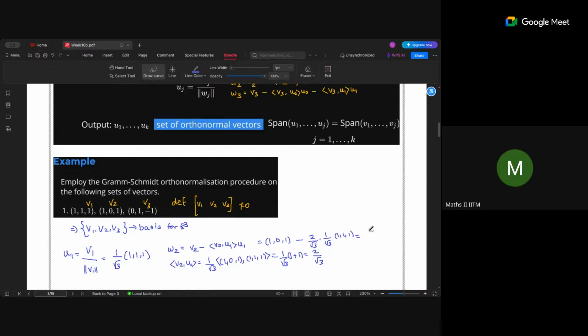So you get (1, 0, 1) minus 2 by 3 into (1, 1, 1). So you have 1 minus 2 by 3, which is 1 by 3, and then minus 2 by 3, and 1 by 3. Is this correct?